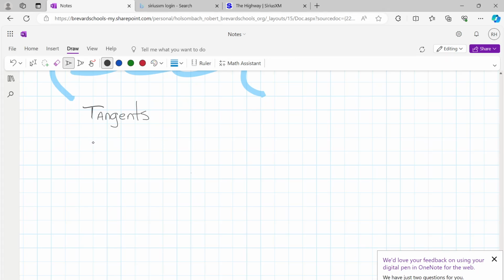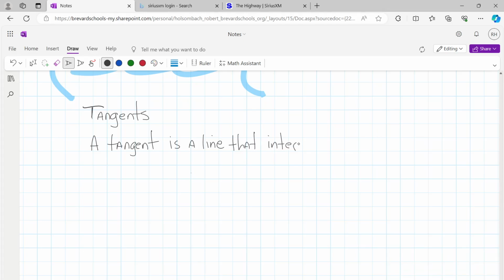A tangent is a line that intersects a circle in exactly one point, called the point of tangency.